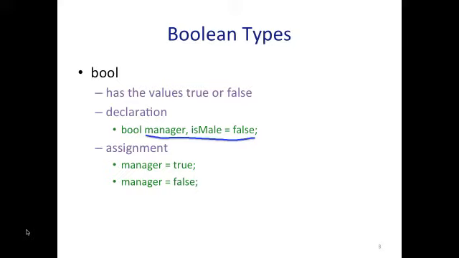I haven't given it a default value. isMale, I have given a default value of false. And I can assign values to bools just as with any other variables. Again, just like numbers have the values 0, 1, 2, 3, 4, 5, there are two values for bools, true or false.